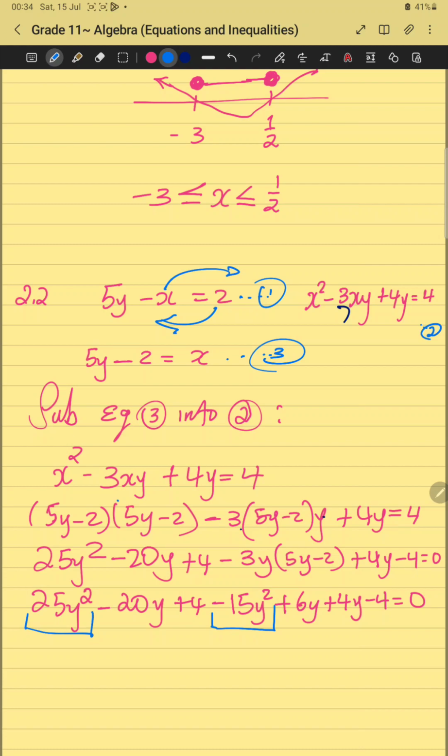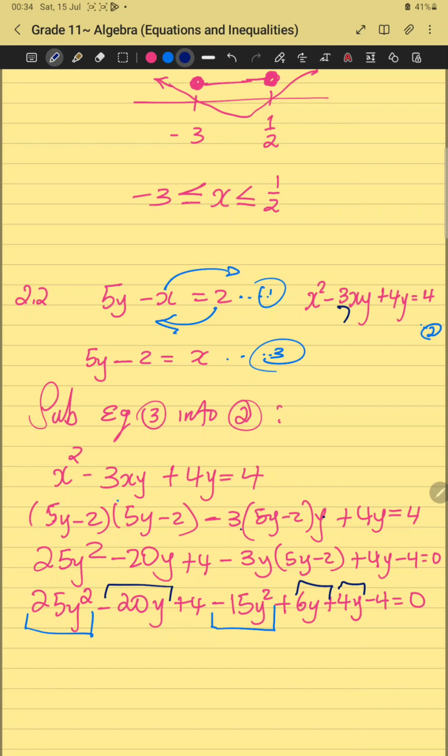Remember, we have to subtract because these are unlike terms. So 20 minus 10 must be 10, and we've got the 10 minus 5. And then the other ones should be 20y and 6y and 4y. These are the like terms.